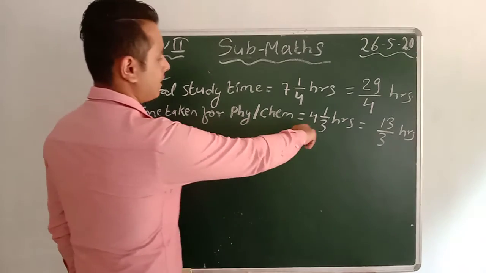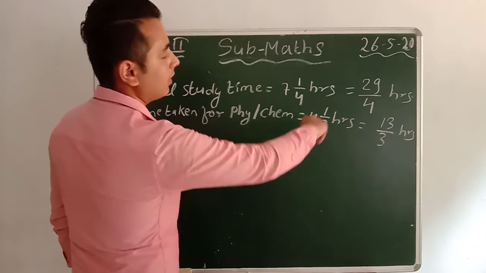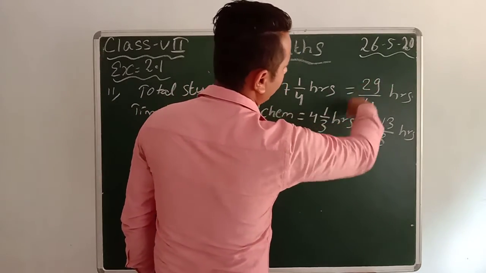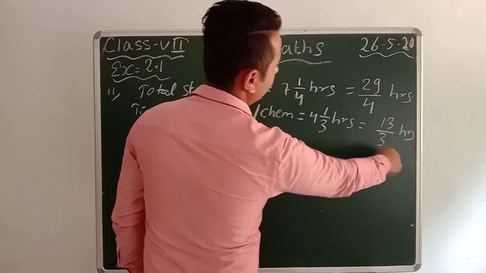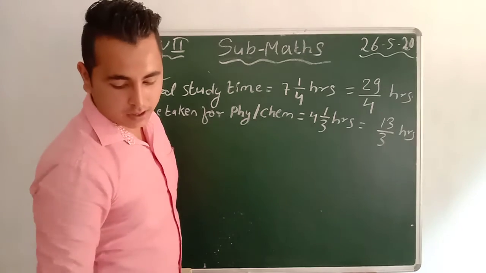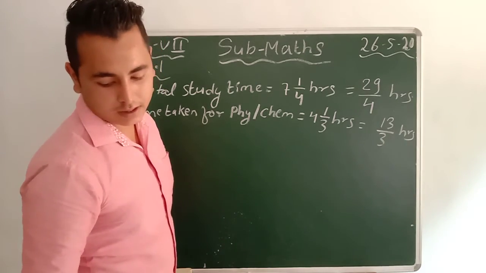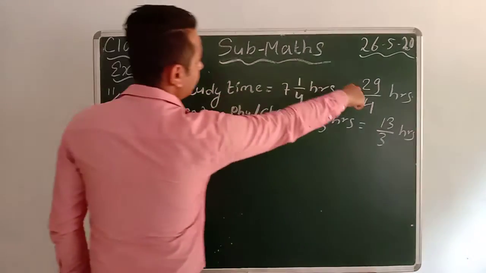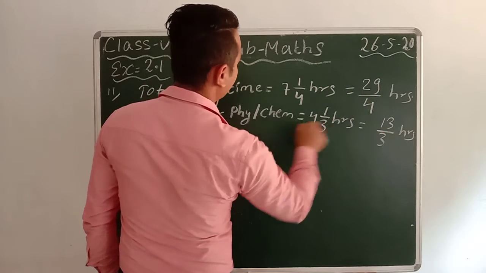That means out of this 29 by 4 hours, 13 by 3 hours is used for physics and chemistry. What is asked is, find how much time he devotes for maths daily.